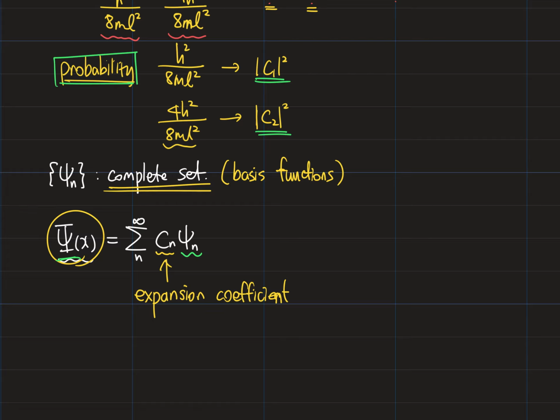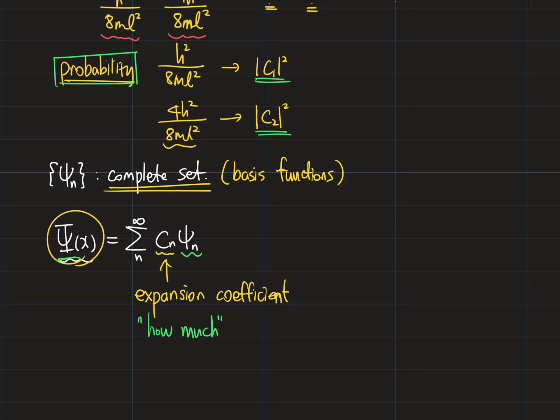I want to be really cautious here. This expansion coefficient represents the portion of the eigenfunction psi n that contributes to the total wave function psi, but the coefficient itself does not represent the amount of its contribution.